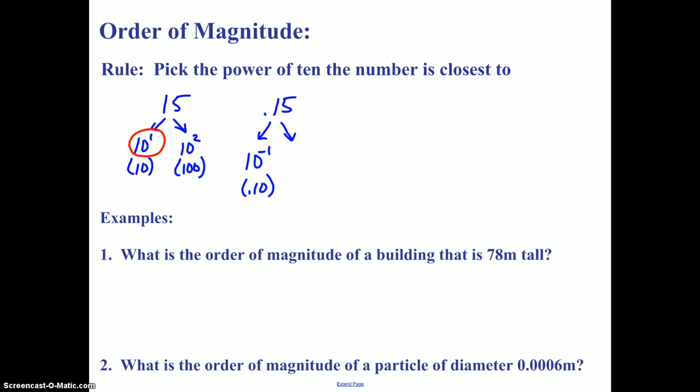And the power of 10 that is larger than 0.15 would be 10 to the 0, which is 1. Just do a double check on these ones that are a little trickier. Is 0.15 between 0.10 and 1? And the answer is yes. Which power of 10 is 0.15 closer to? And clearly the answer is 10 to the negative 1. So 0.15's order of magnitude would be 10 to the negative 1 or just negative 1.